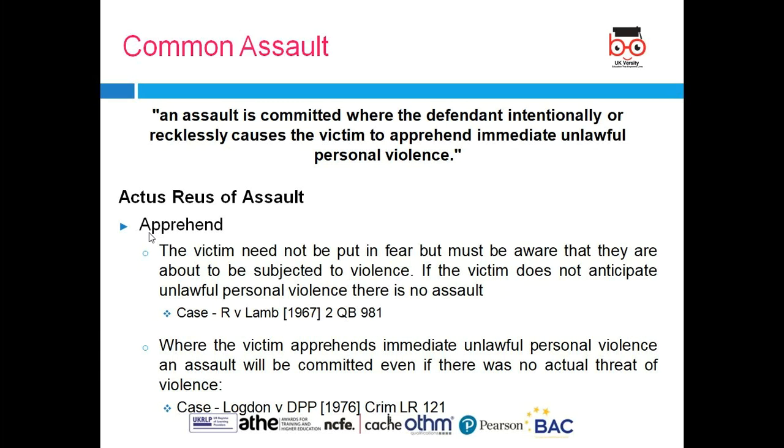For assault, the victim need not be put in fear, but must be aware that they are about to be subjected to violence. If the victim does not anticipate unlawful personal violence, there is no assault. Where the victim apprehends immediately unlawful personal violence, an assault will be committed, even if there was no factual threat of violence.